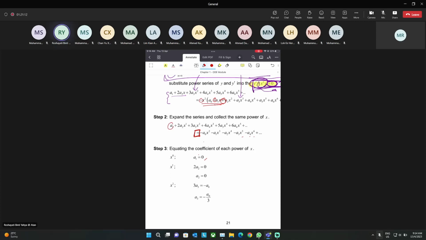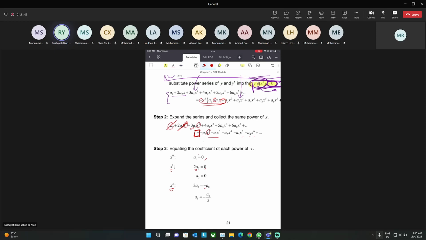Then x1, x to the power of 1. So look at this power of 1. After you finish, you cancel. For your x, 2a2 equal to, there is no x to the power of 1, so equal to 0. Okay, this part finished. Then x squared, 3a3 equal to negative a naught.